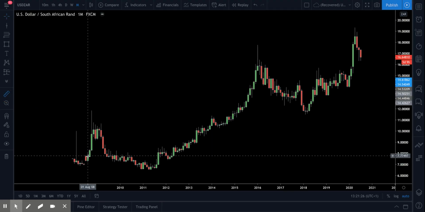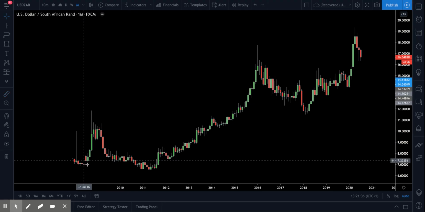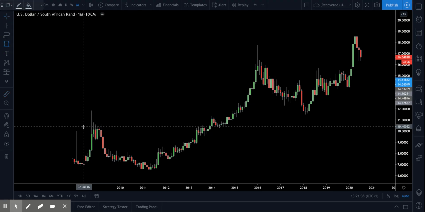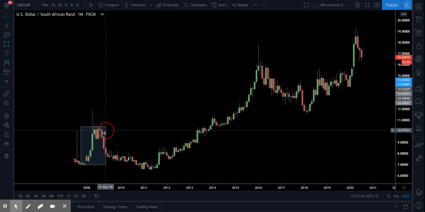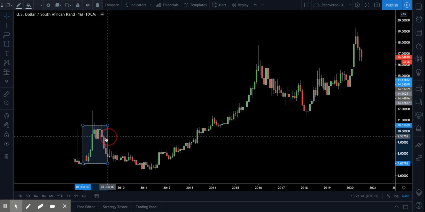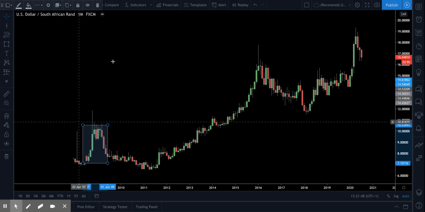All right, if we actually look at the gains made from the dollar into those highs, you know, that's a 36.8% value increase for the dollar versus the South African rand. So this area here really indicates the recession and shows you the effect that recessions and geopoliticals like that have upon a currency and a currency cross.